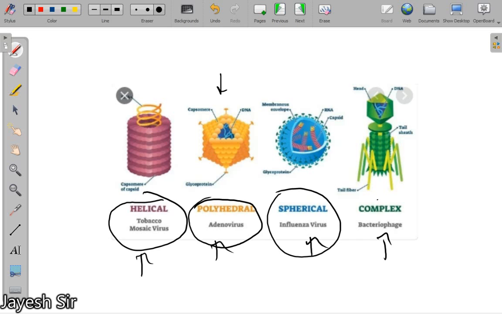Okay, and this is a complex bacteriophage virus. ये बैक्टीरिया बेस्ड वायरस है. So there are different kinds of viruses and उनका अलग अलग शेप होता है. In the same manner you can encounter such shapes in chemistry as well during molecular bonding and chemical bondings. Okay, but वो बहुत ही higher classes के लिए. I was just interested in giving you an overview of these topics in various other branches of science.